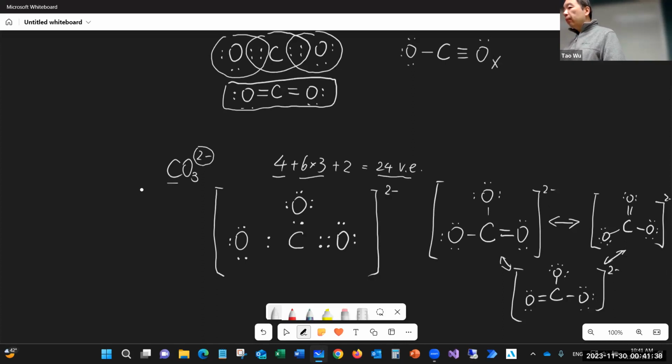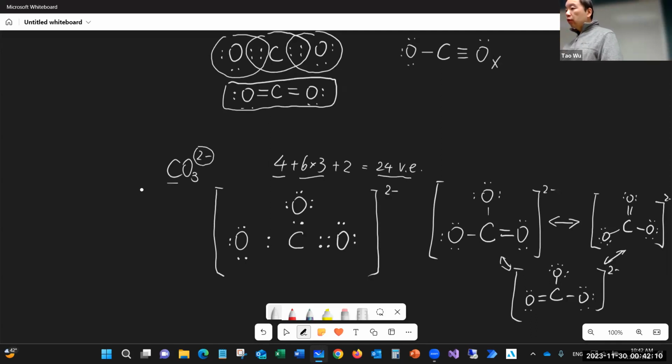In general, this is a shortcoming of the Lewis structure. The Lewis structure can only write a single bond, double bond, or triple bond, a whole number: 1, 2, 3. But for this structure, each oxygen bonded with carbon is actually not a whole number of bonds.